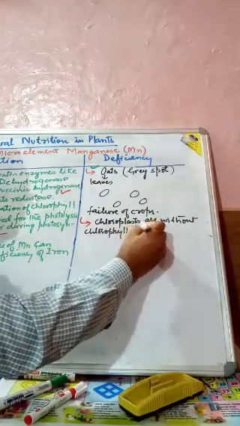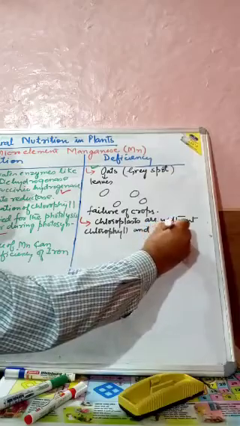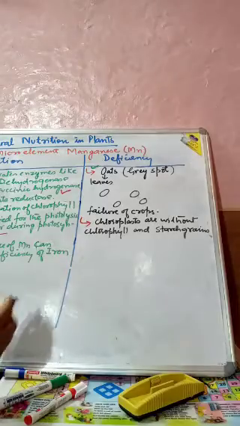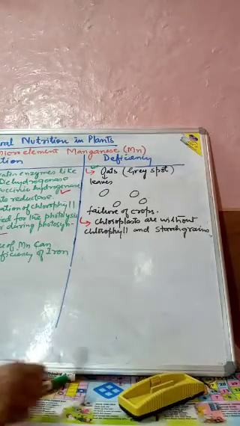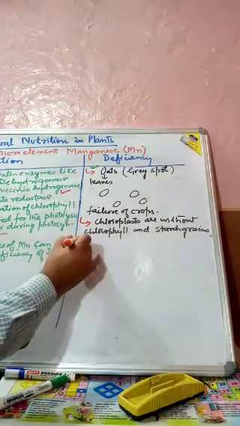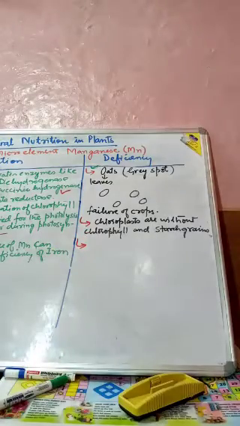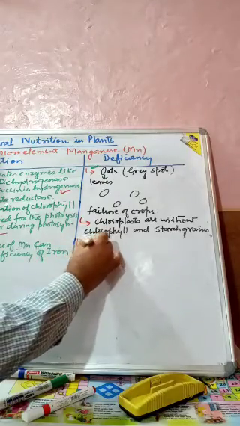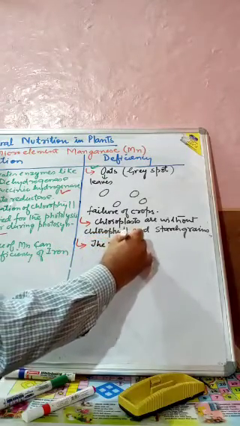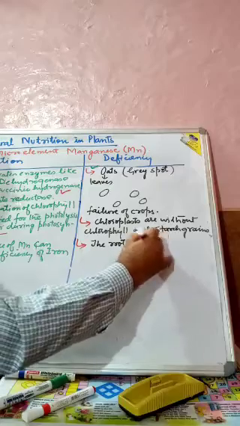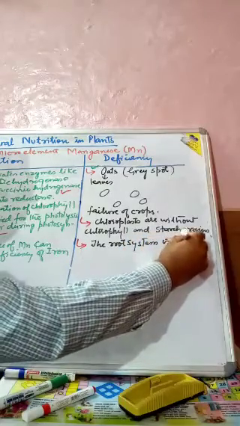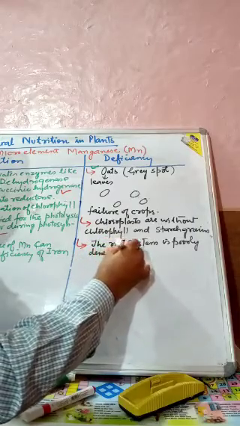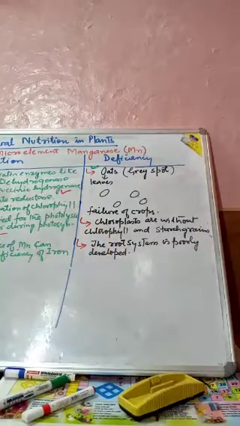So we will see there are fewer starch grains. The formation of starch is also affected. Third, the root system of the plant is poorly developed.